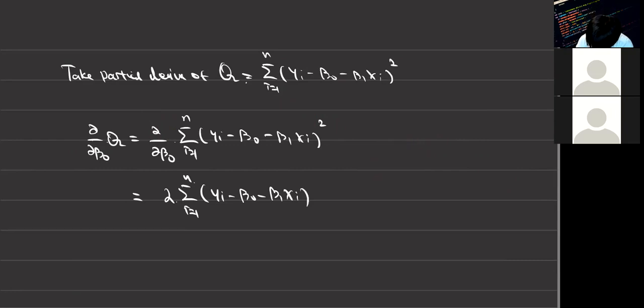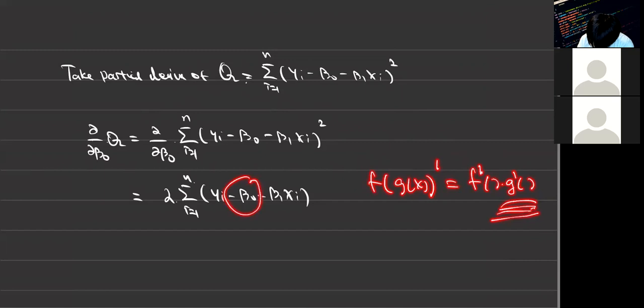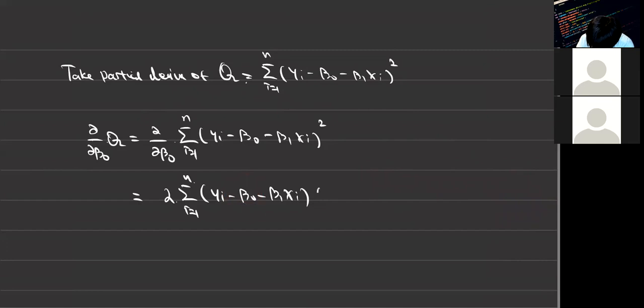Technically speaking, if you're doing something like f of g of x, you take f prime, and then once you're done, you take g prime. So that's the chain rule part. So this part, we need to take care of, which is essentially this term, because this is with respect to beta 0. Once you do that, the negative sign will come out just like that. And let's write this a little bit better. So I'm going to remove that and write this minus sign here. Make sense?